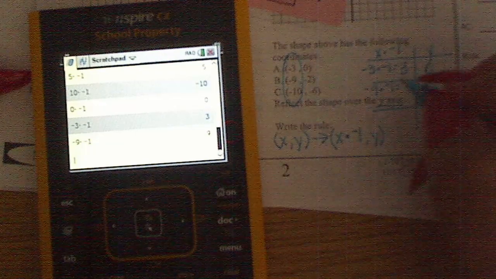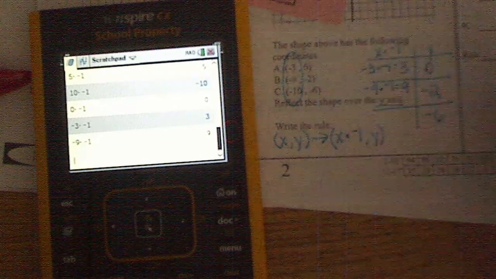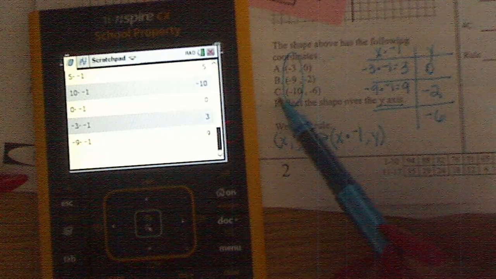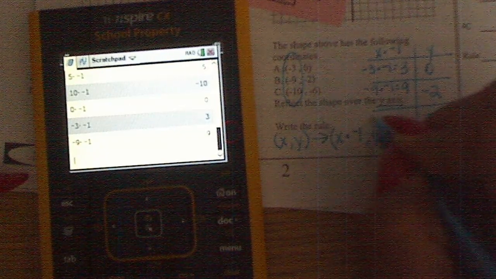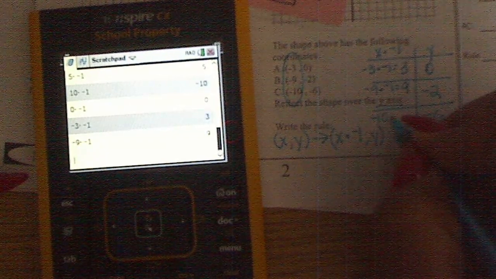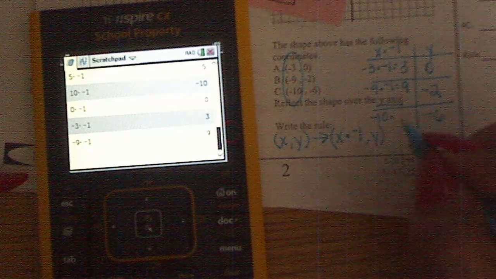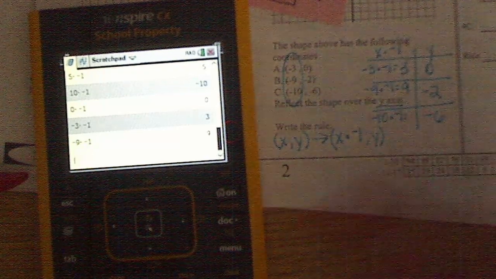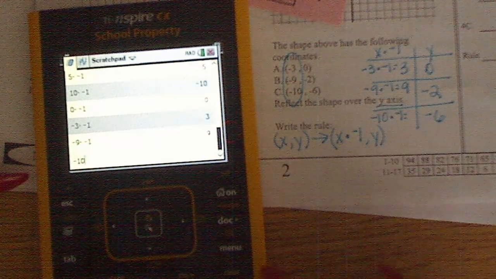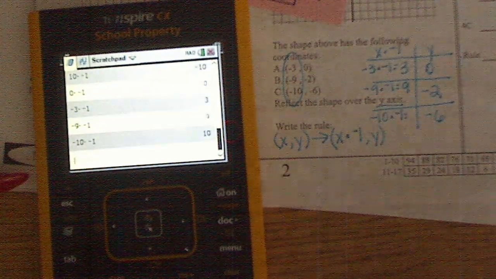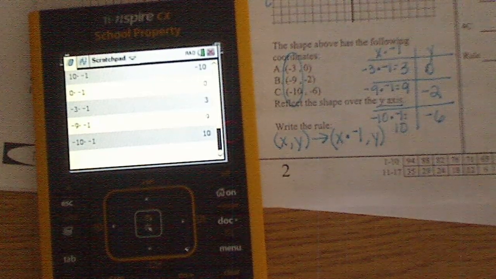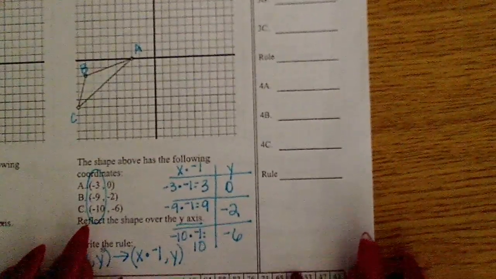You end up with just 9. And finally, point C, where my x is -10, I have -10 times -1 because that's my rule. What do you think the answer is? It's 10.